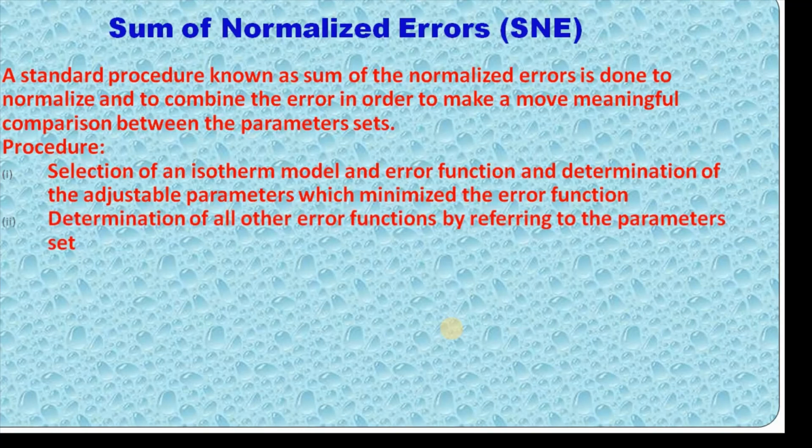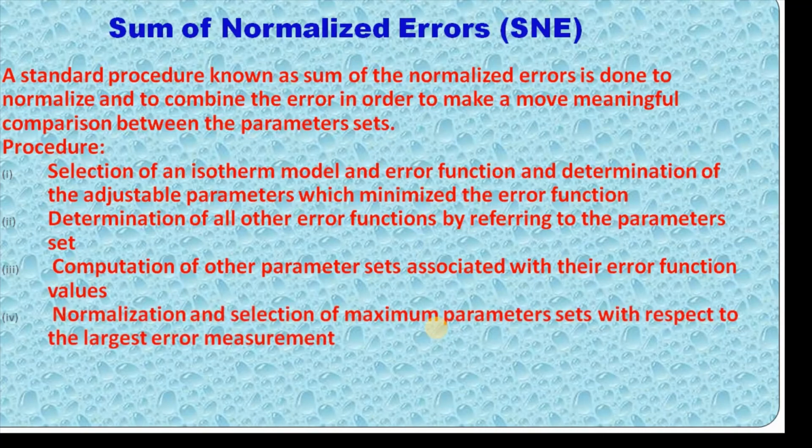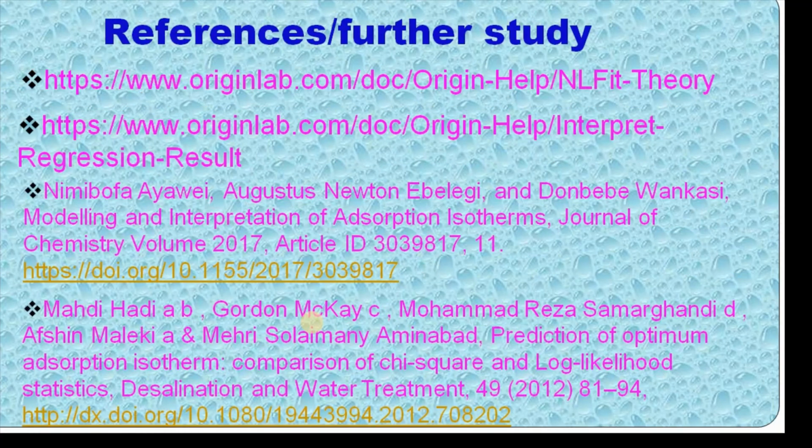Then determination of all other error functions by referring to the parameter set. Then computation of other parameter sets associated with their error function, and normalization and selection of maximum parameter sets with respect to the largest error measurements. And finally, summation of all these normalized errors.